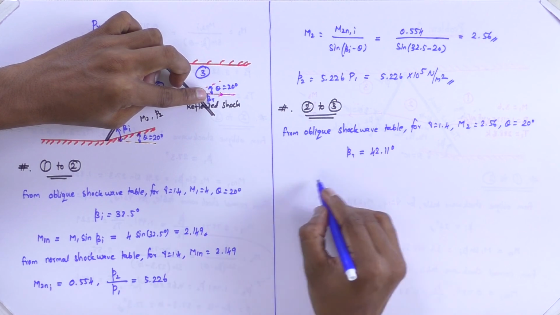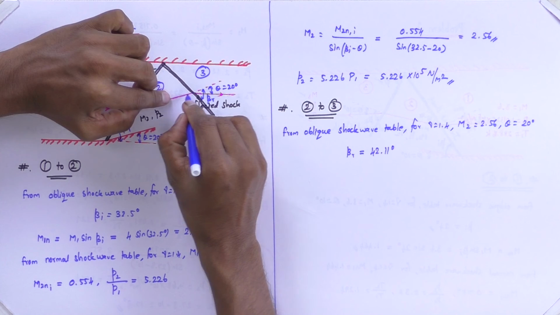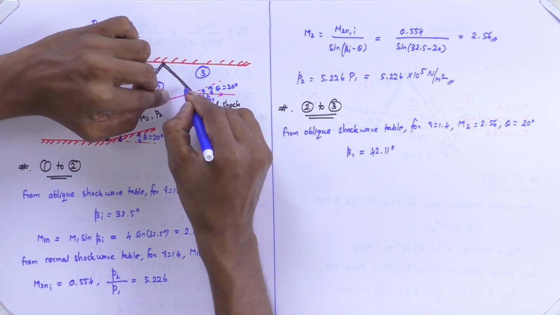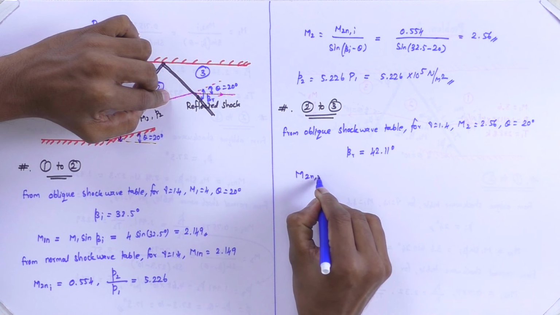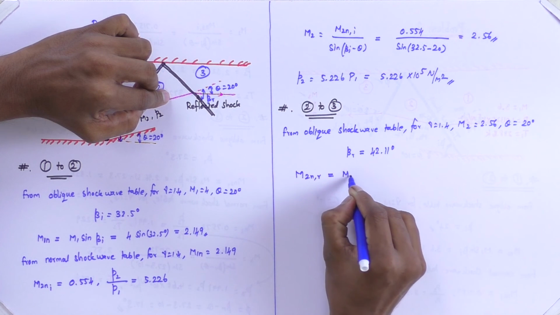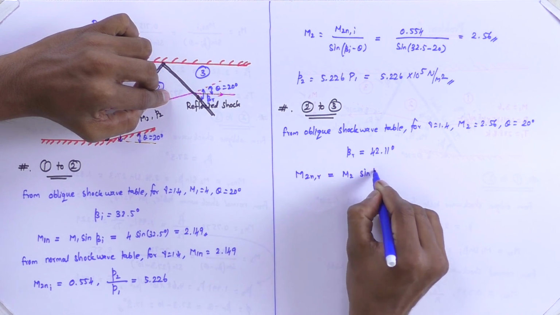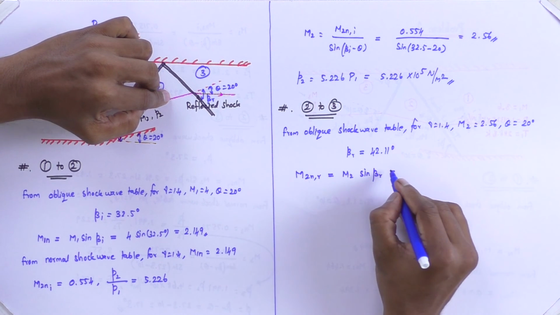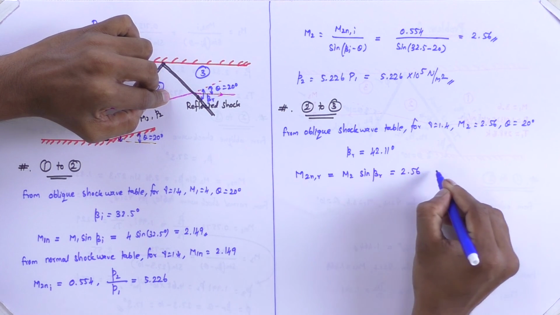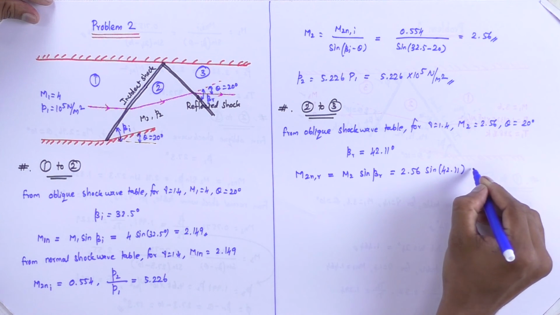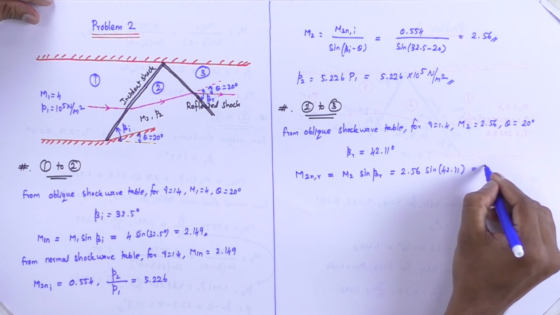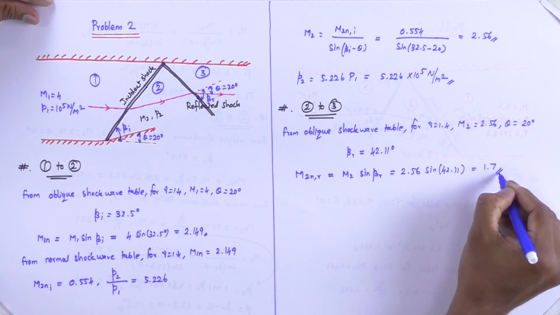42.11 degree. Then we can calculate the normal component of this flow with respect to the reflected shock, that is M2n r, equal to M2 into sine beta r, where M2 is 2.56, sine of 42.11 degree. So this will give us the value 1.7 Mach number.